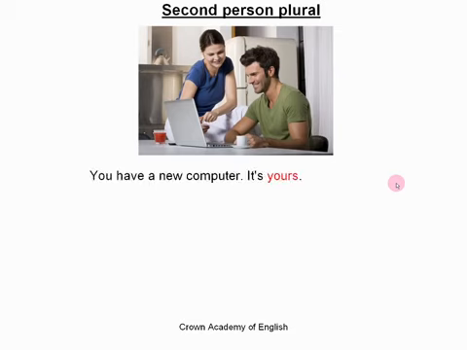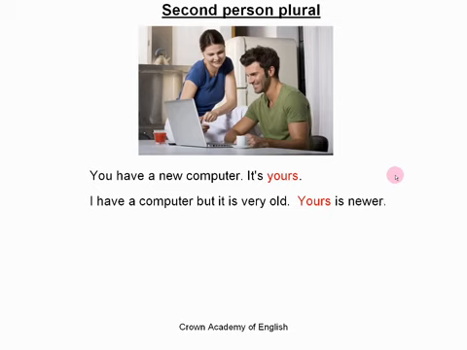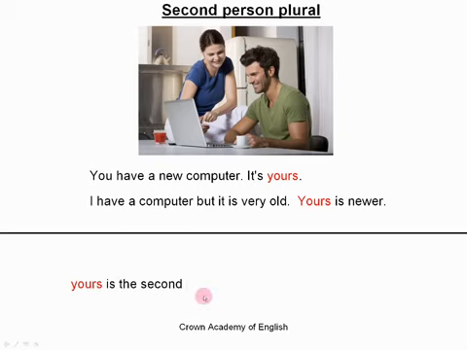You have a new computer. It's yours. Another example. I have a computer, but it is very old. Yours is newer. So yours is the second person plural. So you plural, or your plus the noun is the possessive adjective.